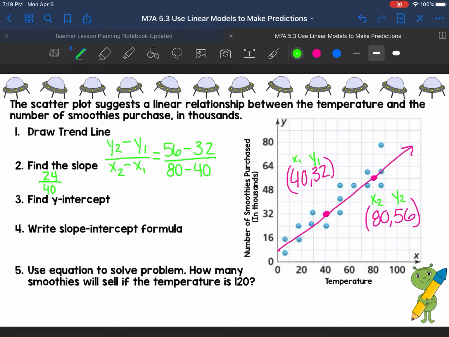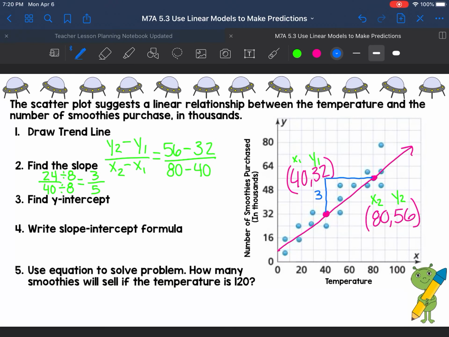Now, is 24 over 40 in simplest form? It is not, so I need to simplify. What number goes evenly into both 24 and 40? 8. So I'm going to divide both my numerator and my denominator by 8. 24 divided by 8 is 3. 40 divided by 8 is 5. Now, why did I go through this when I could just come over here and clearly see that 1, 2, 3, my rise is 3 and my run is 1, 2, 3, 4? See, that's why.